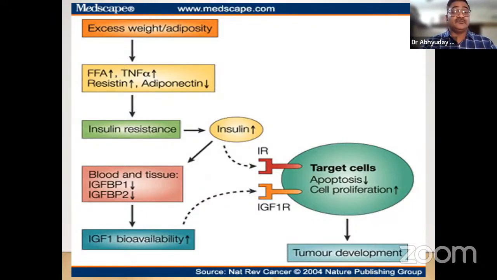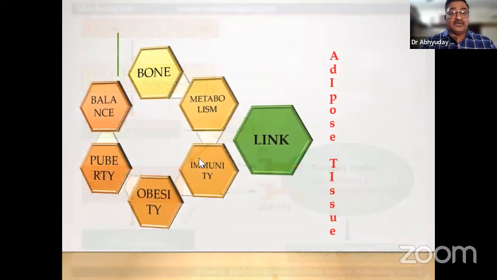Again, the same thing, adiponectin reduction is there, insulin resistance increases. Then we have insulin-like growth factor binding proteins 1 and 2 reduction, increasing IGF bioavailability, where there is reduced apoptosis and increased cell proliferation, leading to tumor development.